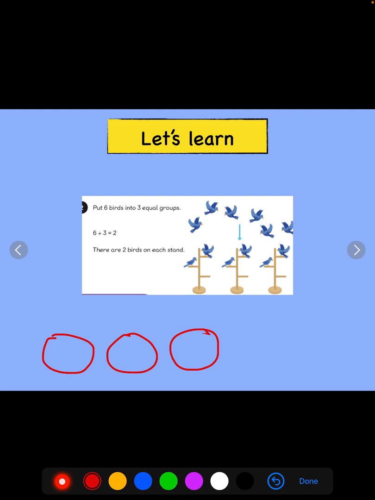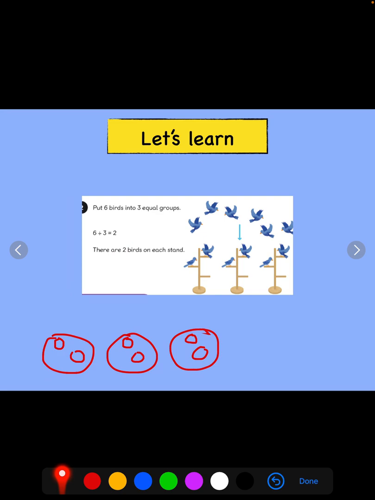Let's pretend these dots are birds. 1, 2, 3, 4, 5, 6. Now I've shared each of the birds into 3 groups. The answer is the number of birds in each group, which is 2. So 6 divided by 3 equals 2.